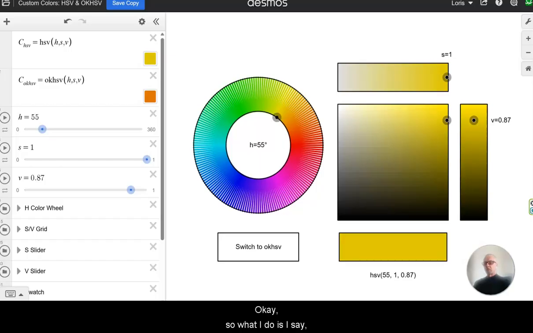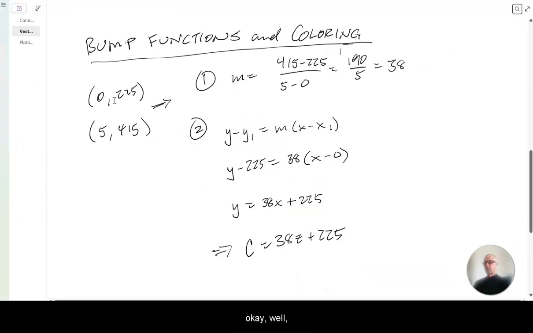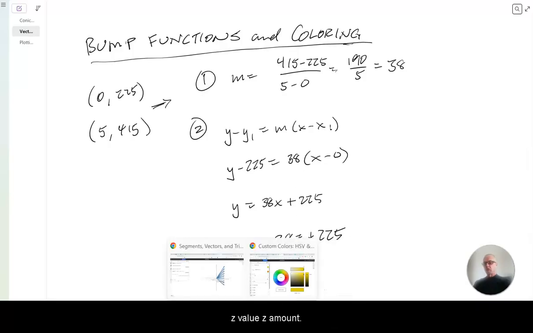Okay, so I say, well, I want it to start at 225, the color blue, and end when it's up at 5, I want it to end at 415, which is 360 plus 55. And so I do my line equation with these 2 points, and I get 38z plus 225. So what this tells me is what the color is as I go up a z amount.